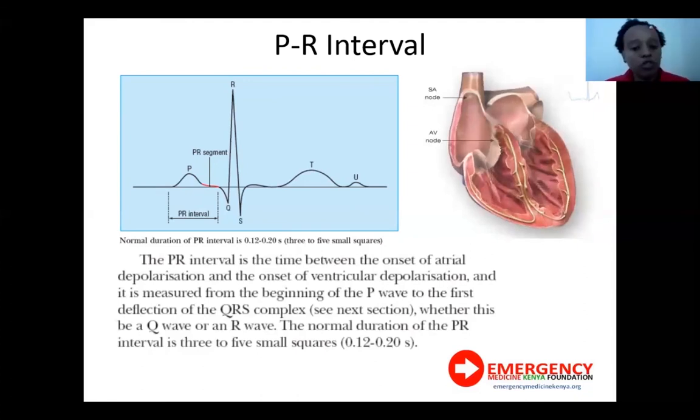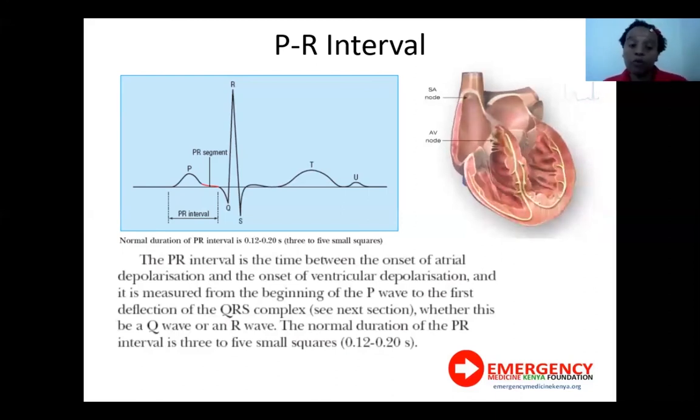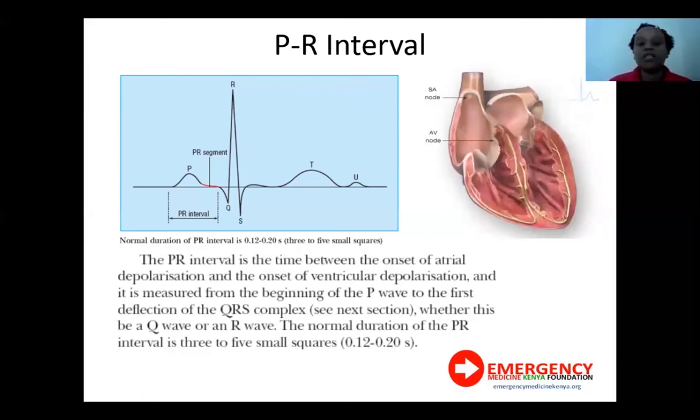The duration is 0.12 to 0.20 seconds, which is 3 to 5 small boxes. From a normal strip, you're able to easily count that and know whether your PR interval is shortened or lengthened.